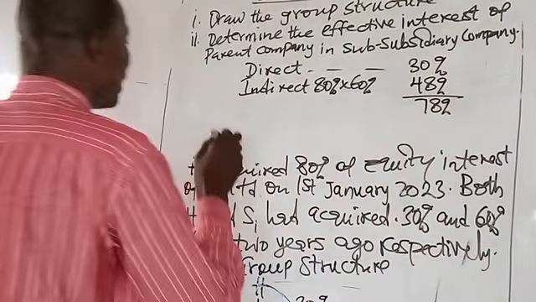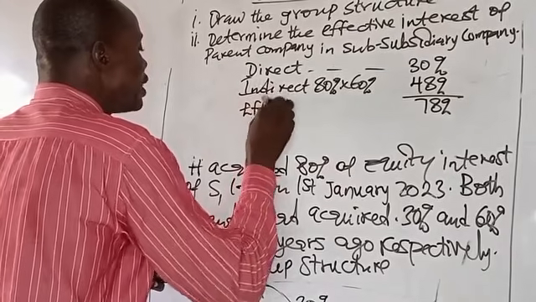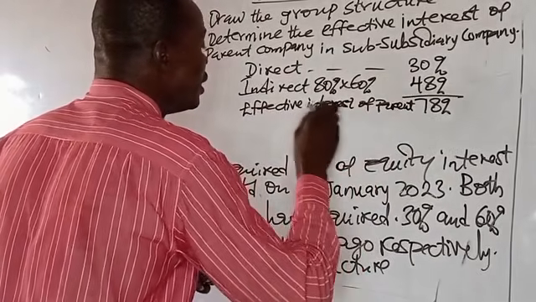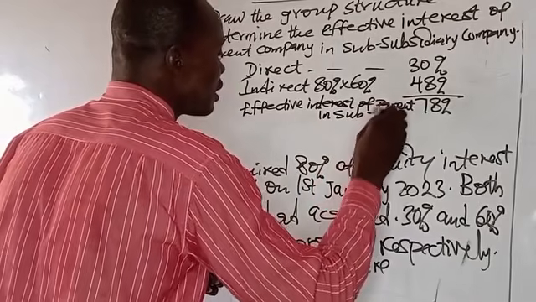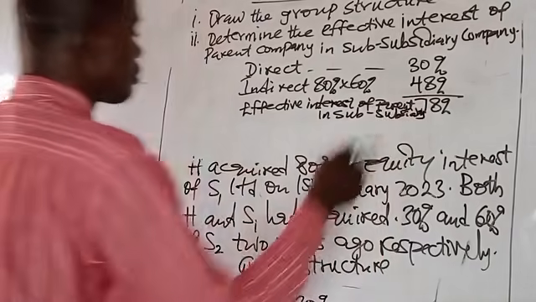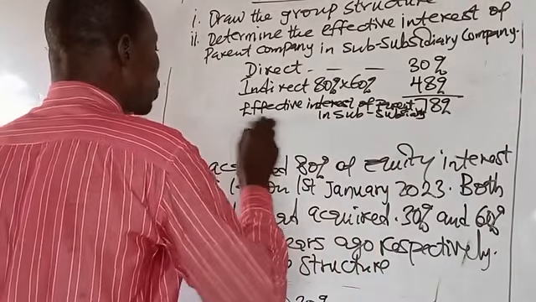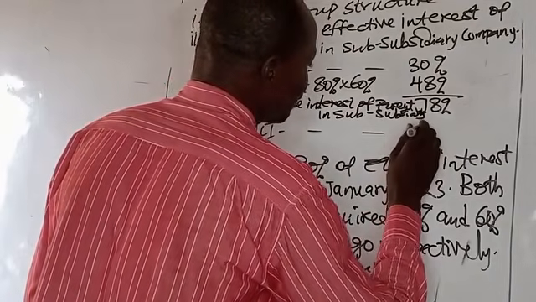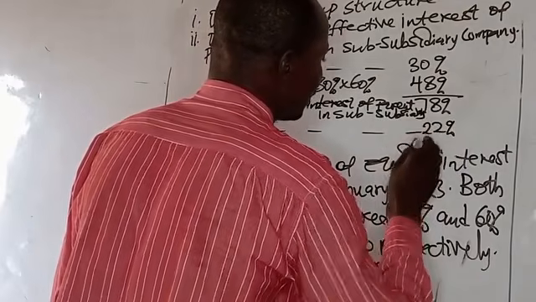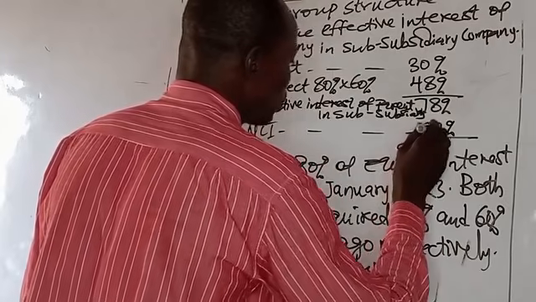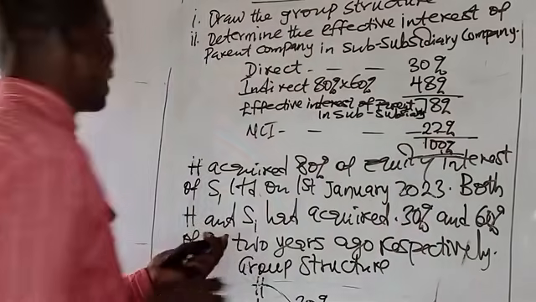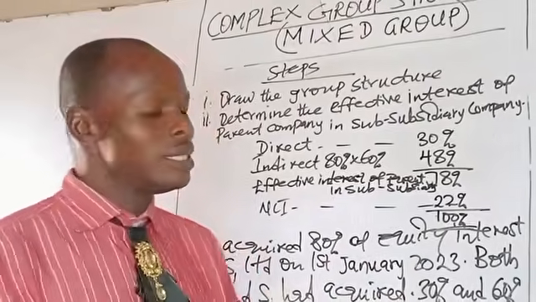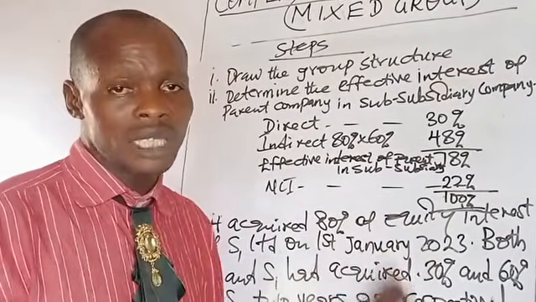This 78% is the effective interest of the parent in the subsidiary. The remaining balance to make it up to 100% is your NCI, non-controlling interest, and that is 22%. So the sum of 78% and 22% is 100%. That is step 2.